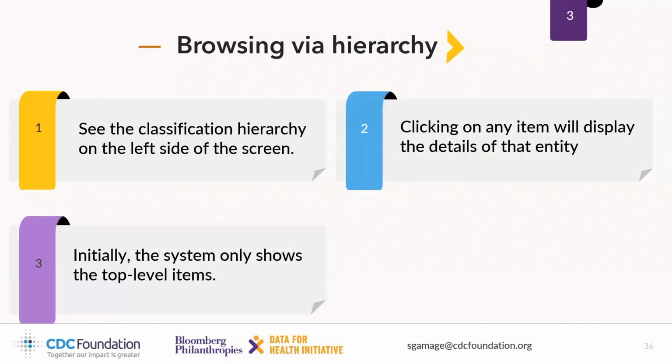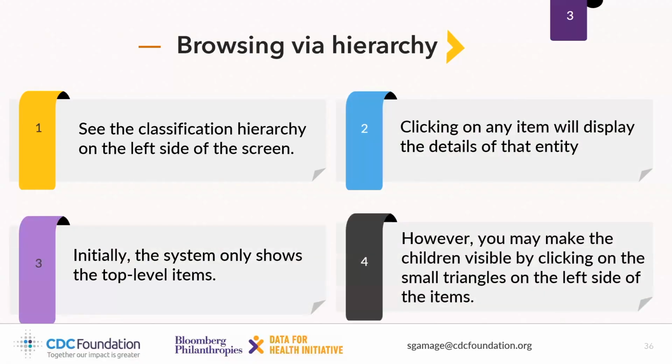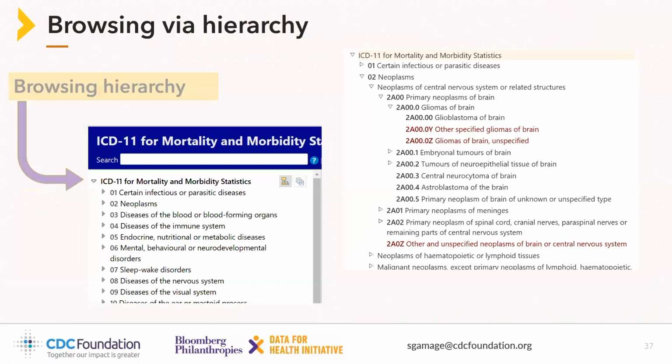Initially, the system only shows the top level items. However, you may make the children visible by clicking on the small triangles on the left side of the items. You remember last time we talked about parents and children and siblings. Here is an example.